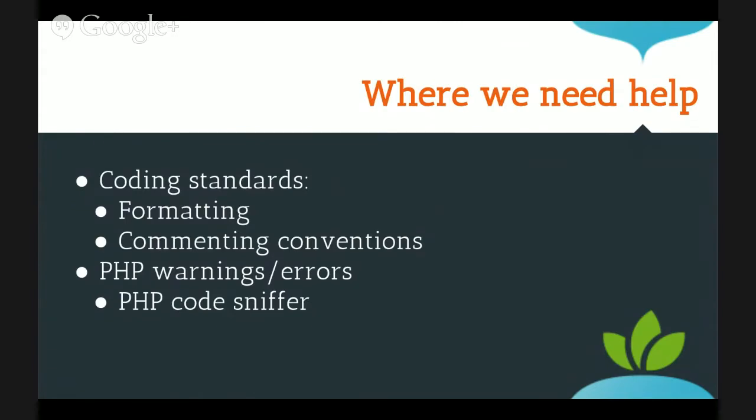So, where we need help: coding standards. We have good documentation on Drupal.org, and this is also the area where everybody might already have configured PHP Storm in terms of how to format code, indentation, and all that stuff. But we also want to get what my weakness is.